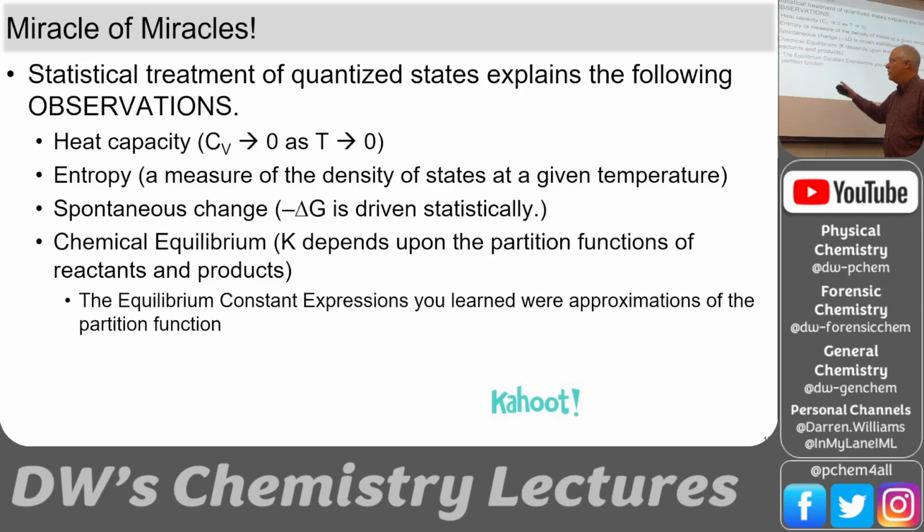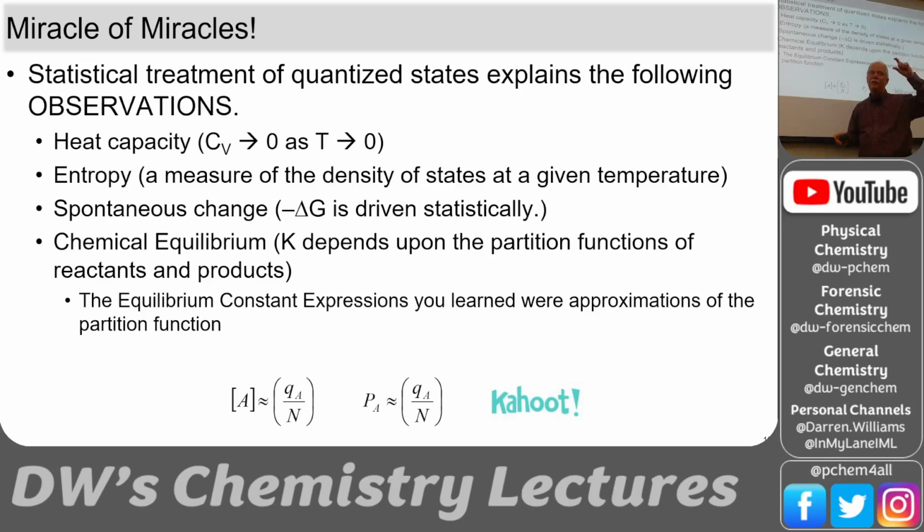So the equilibrium constants you learned in freshman chemistry and used in organic and elsewhere were just approximations. The concentration is just an approximation of something really difficult to calculate for a liquid. Everything we've done so far has just been gas phase or a molecule in a really simple system of three levels or something like that. It's really complicated to calculate the partition function of a solute in a solvent.